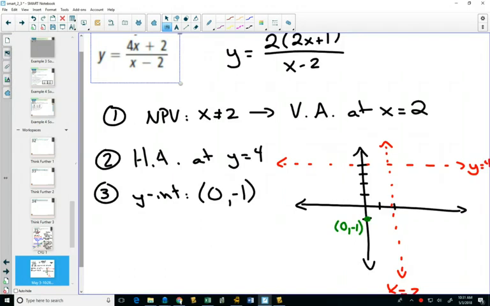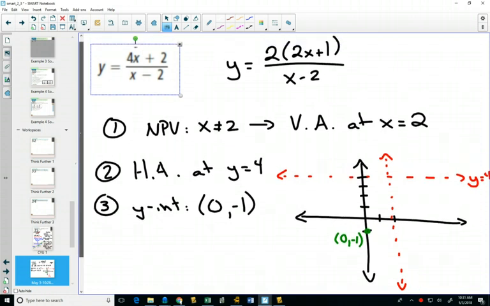My x-intercept is when you plug in 0 for y. Now, if I plug in 0 for y, I'll use the factored form. How do I solve this equation? Well, can you see that if you multiply both sides by x minus 2, the x minus 2 would go away and you'd still have 0 on the other side?